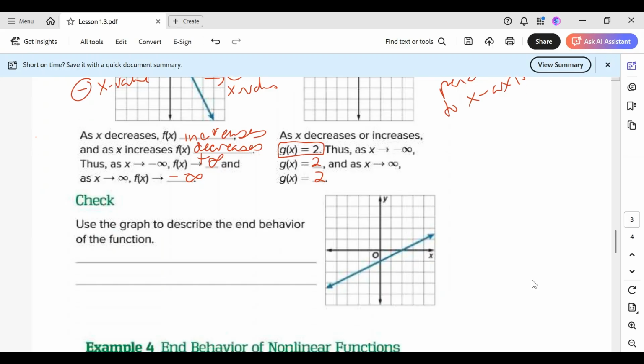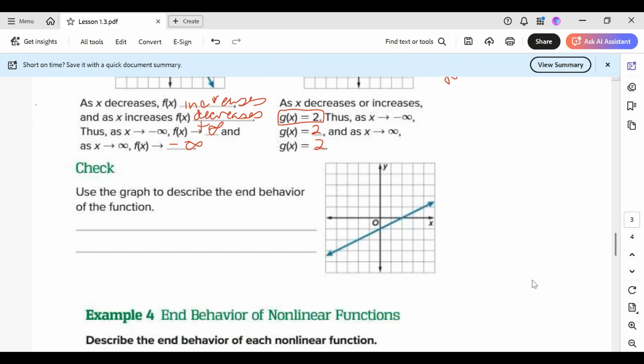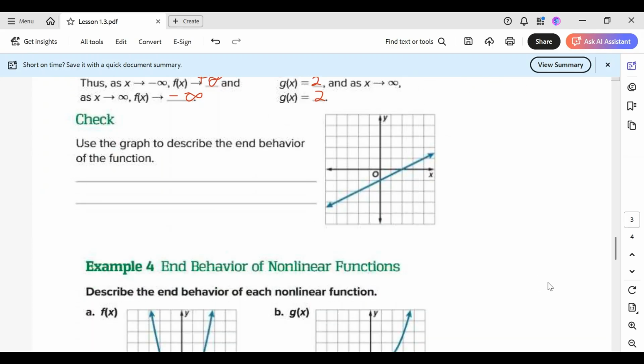In the checkpoint, it wants us to use the graph to describe the end behavior of the function. So again, we're looking at our x's. To the left, as x decreases, f of x decreases.